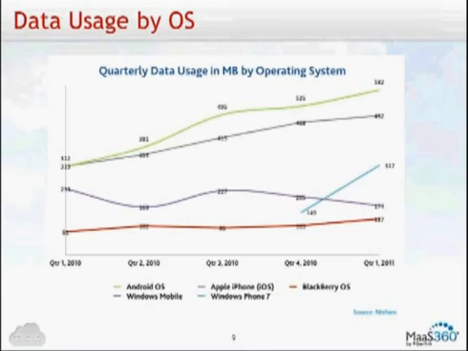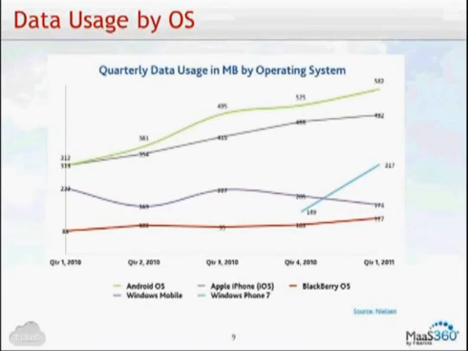You can see in the middle, though, that the Windows Phone 7 has really jumped, and they have doubled their usage over the past two quarters, Q4 2010 and Q1 of 2011. That's not to say they're going to beat out Android or iOS.